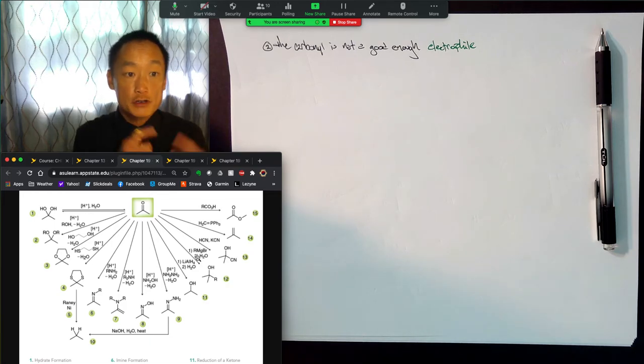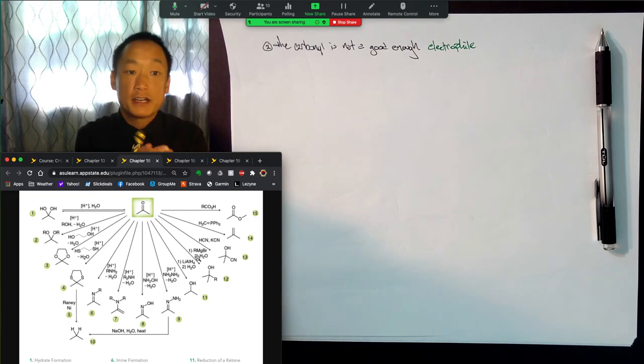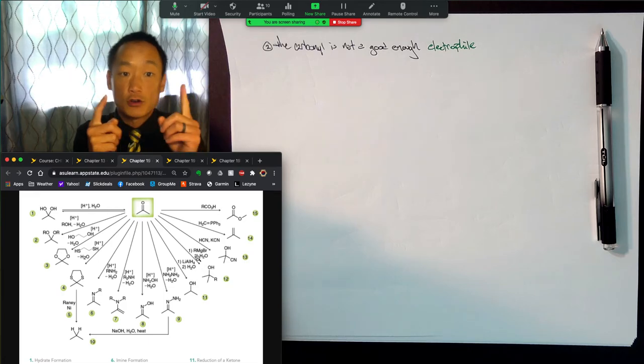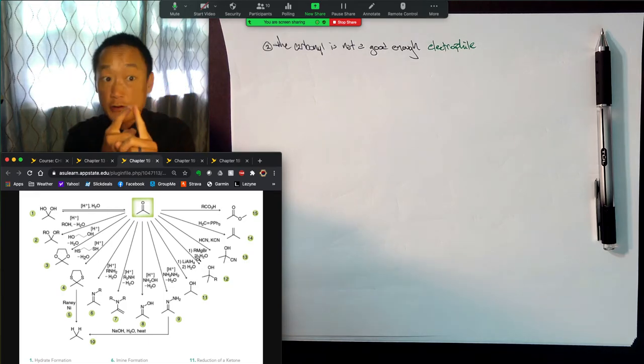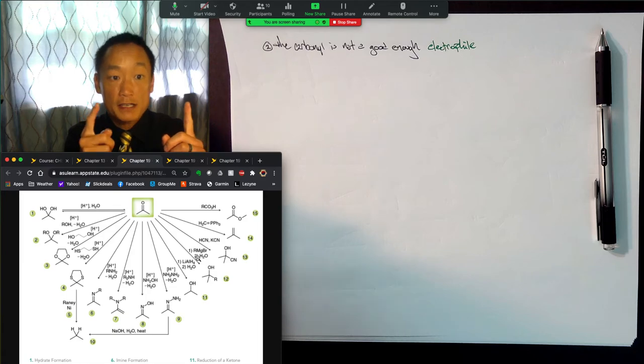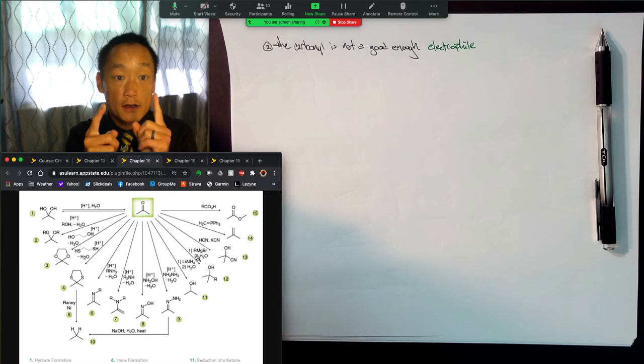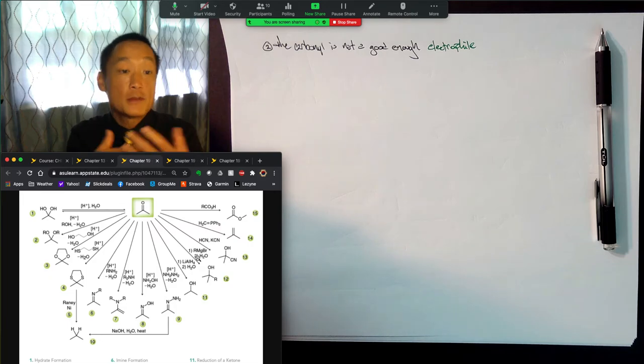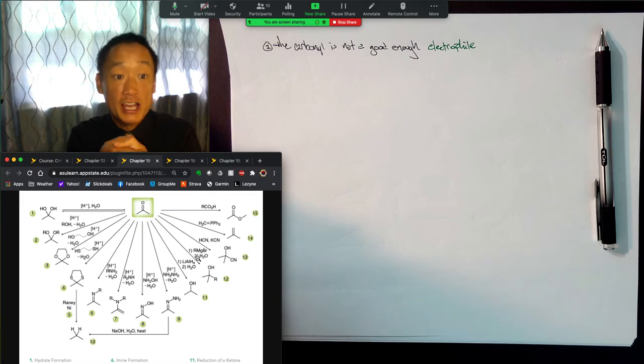So if you have two species, there's a number of combinations that could happen. You could have a weak negative and a weak positive, and those reactions are going to take a long time to react. You could have a strong positive and a weak negative, or you could have a strong negative and a weak positive. And in either one of those cases, the reaction might go a little bit faster. And then in the best case scenario, you have a full-fledged positive and a full-fledged negative. And those reactions are going to go really, really quick. And there's very few reactions that are like that.